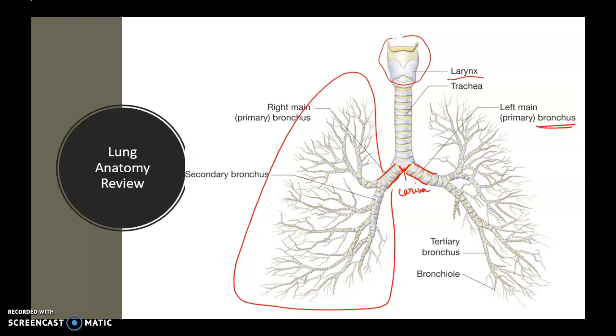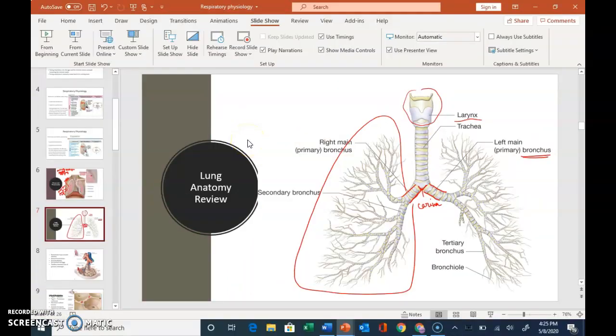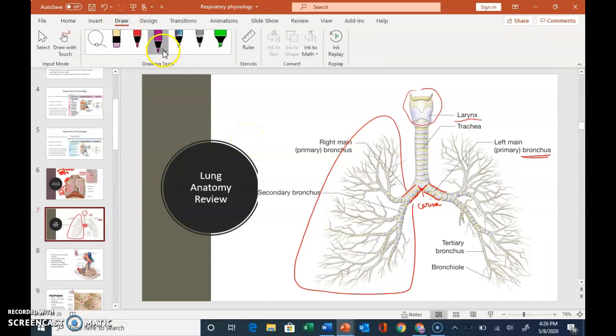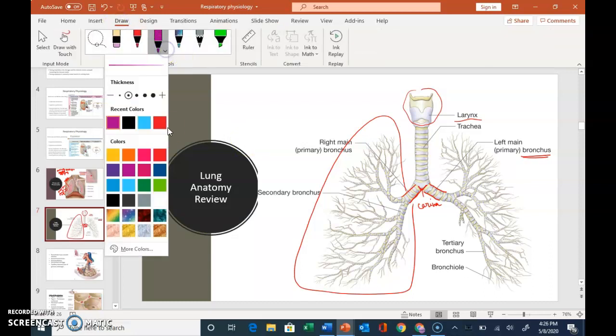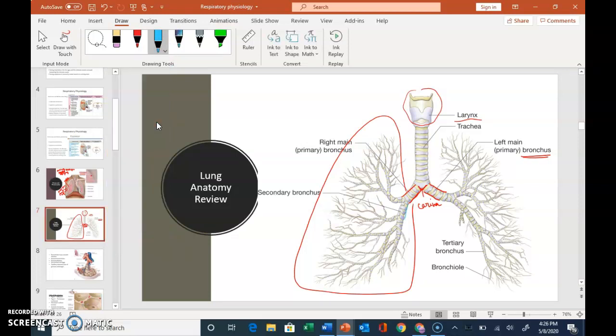And then these bronchi will further divide. Let me see if I can change color. Okay, it's important to draw here. I want you to notice that the primary bronchi on either side divide into these smaller branches. These are secondary bronchi.